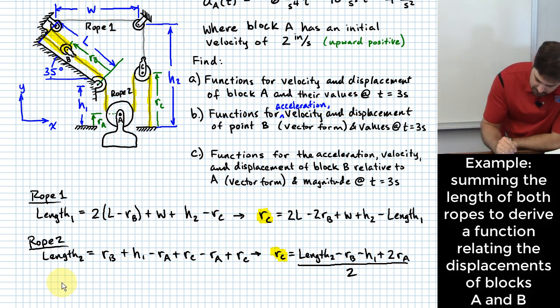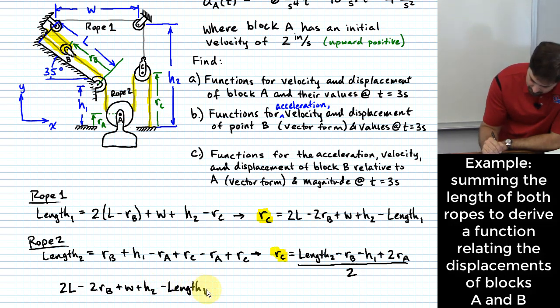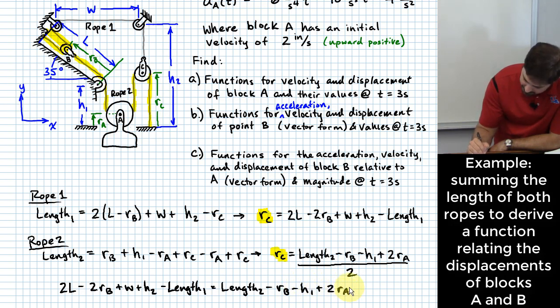So that gives me that 2L minus 2RB plus W plus H2 minus length 1 is equal to length 2 minus R sub B minus H1 plus 2RA, all of this over 2.